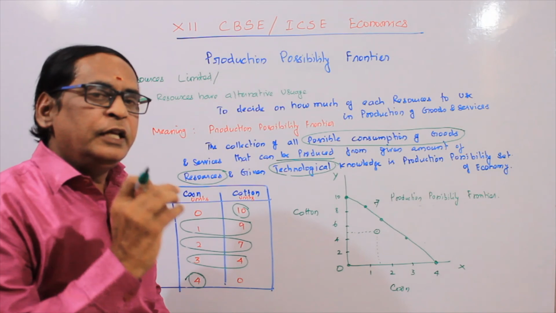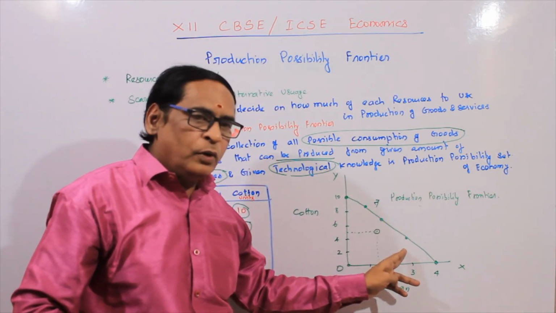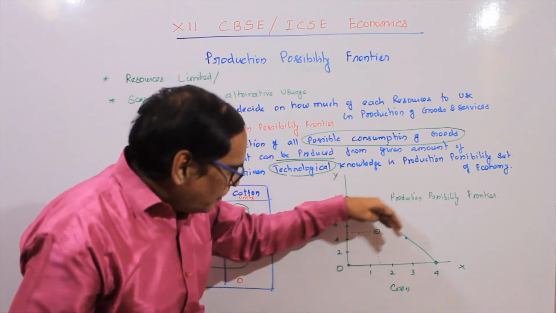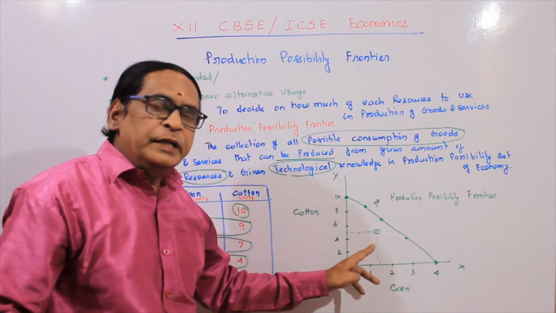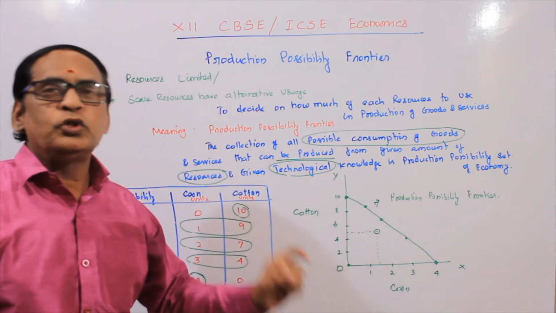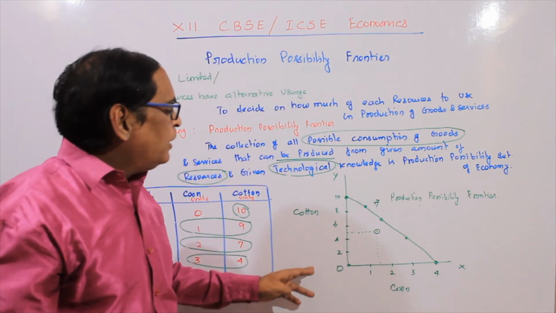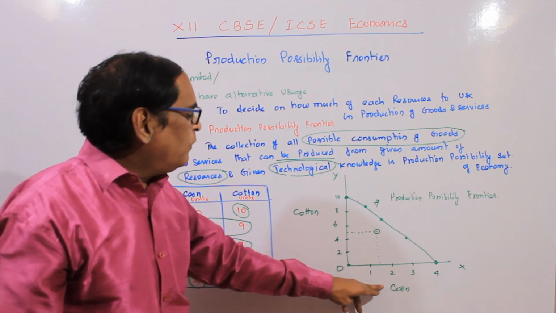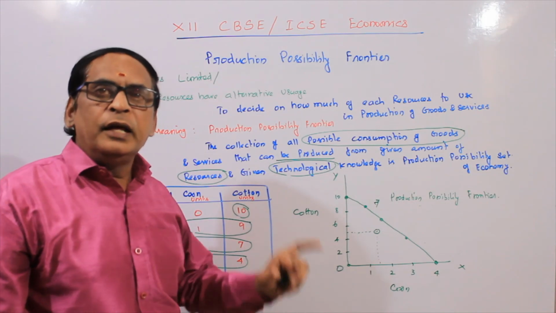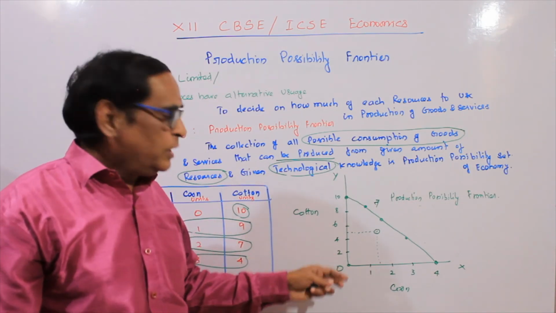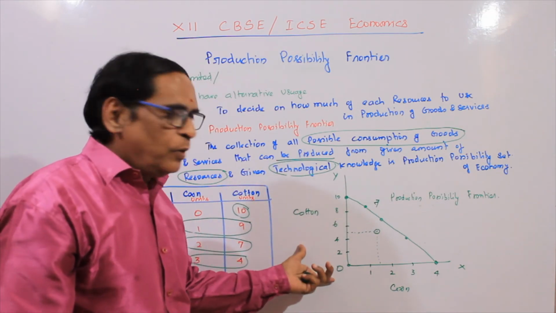So with this given amount of resources and technology, we can produce along the production possibility curve. Any point lying below the production possibility curve means there is underutilization of resources. Suppose you are producing corn 1.5 units and cotton 5 units, that is nothing but underutilization, unutilized resources, because resources are there but we have not yet used them fully. This is an important point.